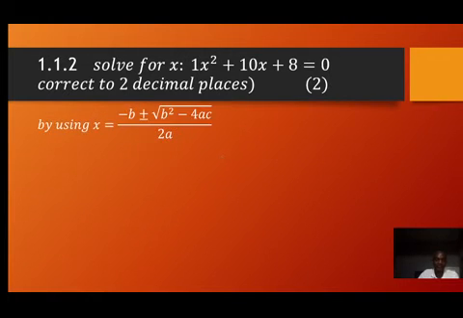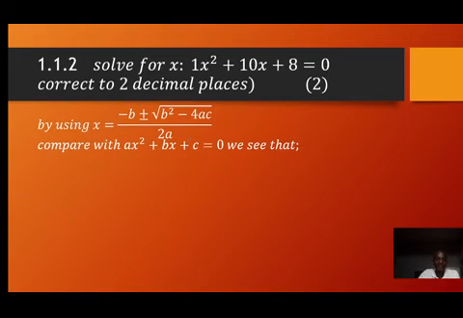That is to say x equals minus b plus or minus the square root of b squared minus 4ac, divided by 2a. If you check our general standard equation, ax squared plus bx plus c equals 0, we can compare and see that our a is positive 1, our b is positive 10, and our c is positive 8.